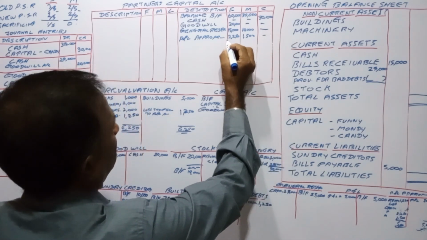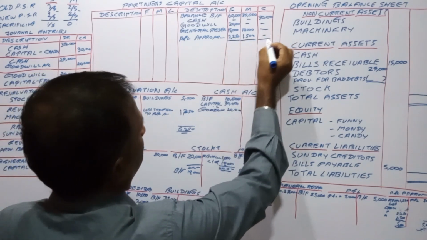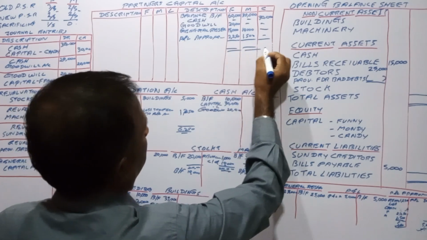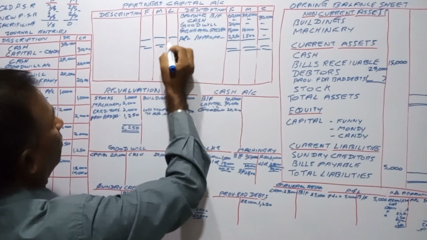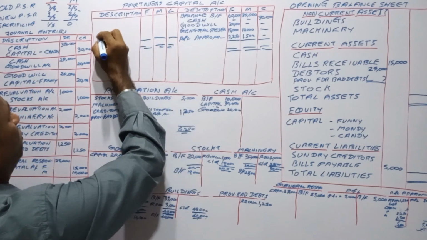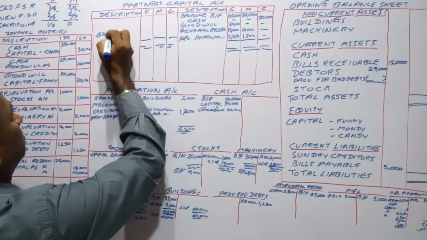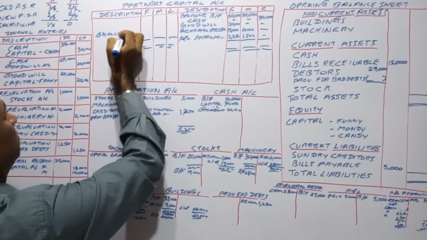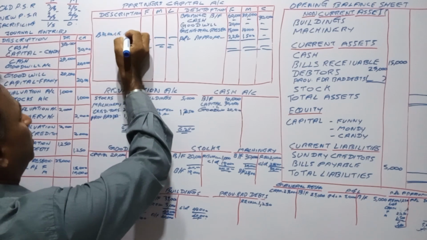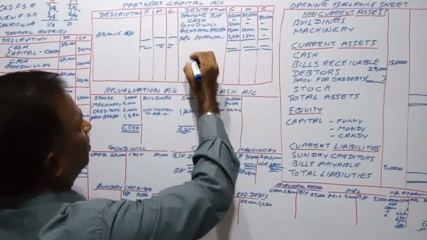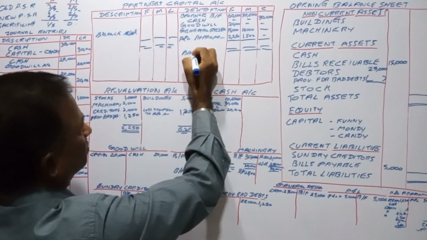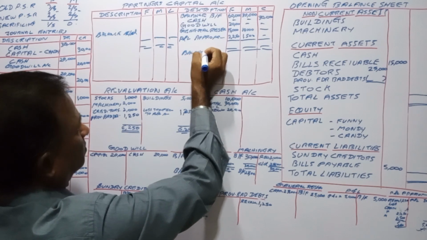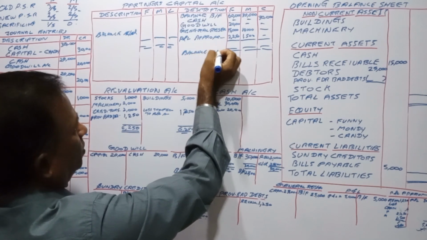Then what is the carrying value? Balance brought forward, carried down, balance brought forward.